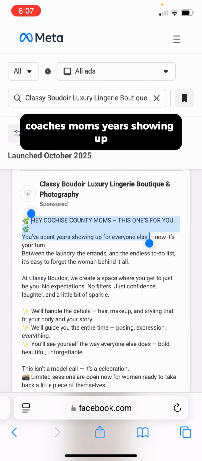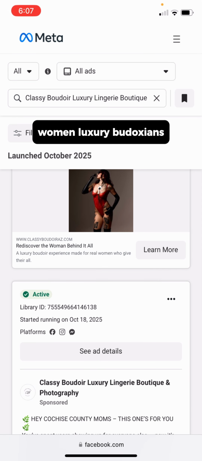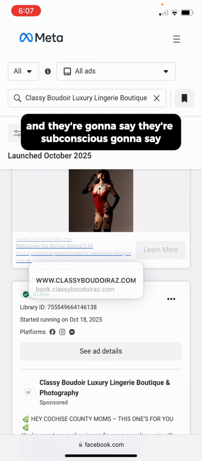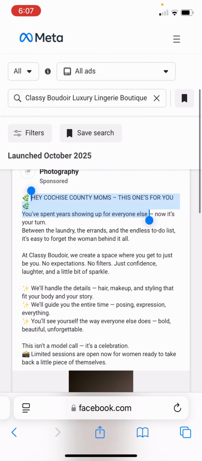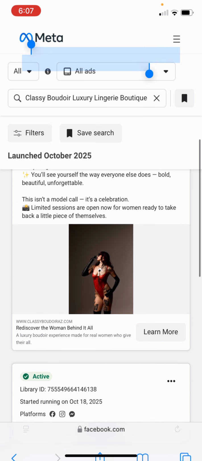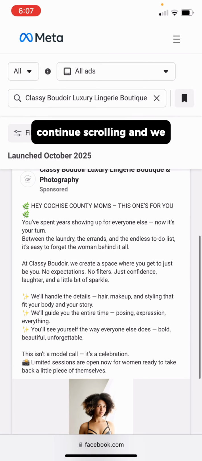Cochise, moms, years, showing up. So they come down here to woman, luxury boudoir experience, and their subconscious is going to say, not the same as up here, incongruent, triggering the error detection network, where it says error, incongruent, continue scrolling.